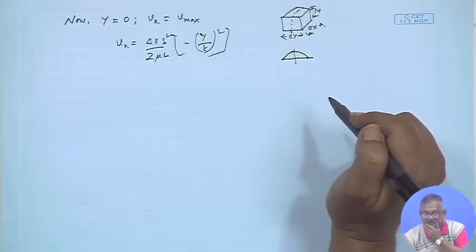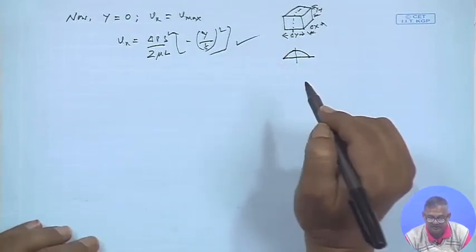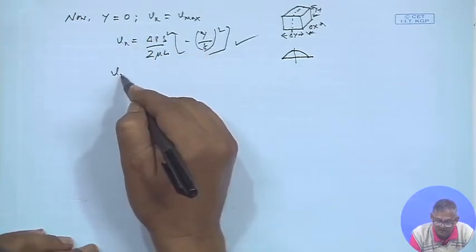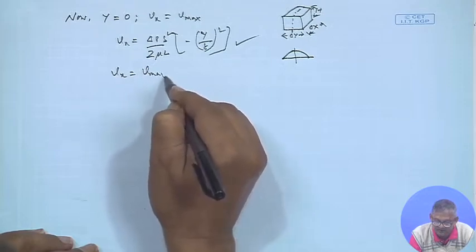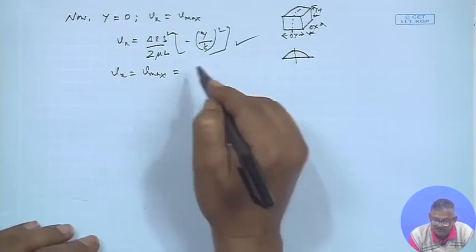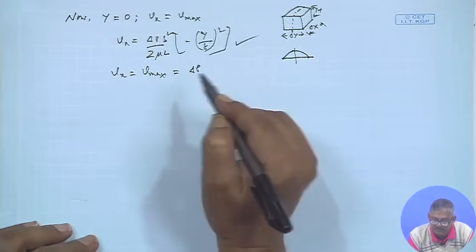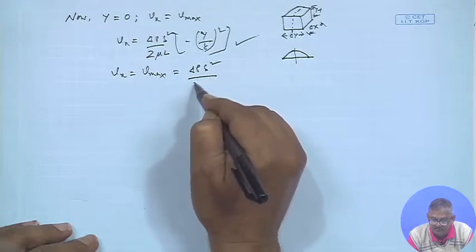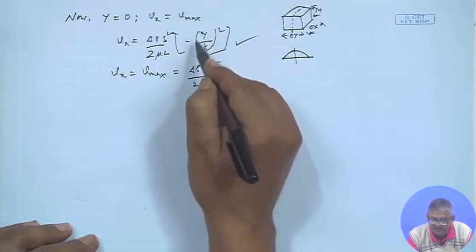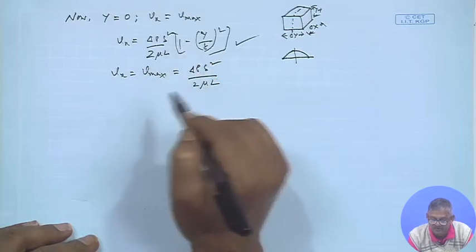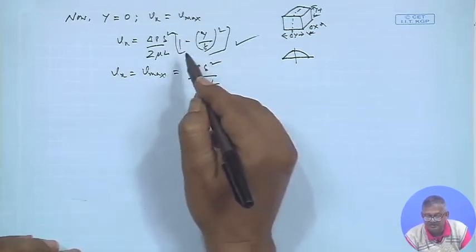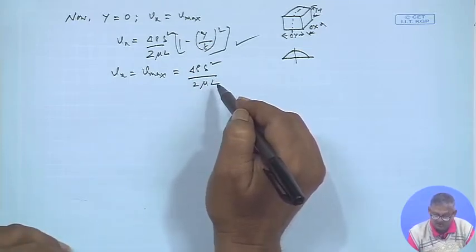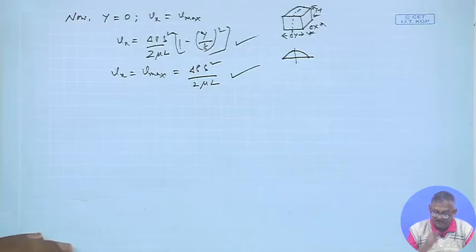So this is also parabolic in nature. At y is equal to 0, V x becomes V max, which is equal to delta p into del square by 2 mu L, because 1 minus 0 is 1. So delta p del square by 2 mu L is the V max.